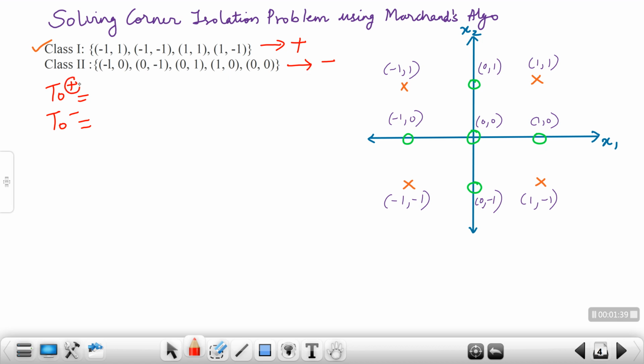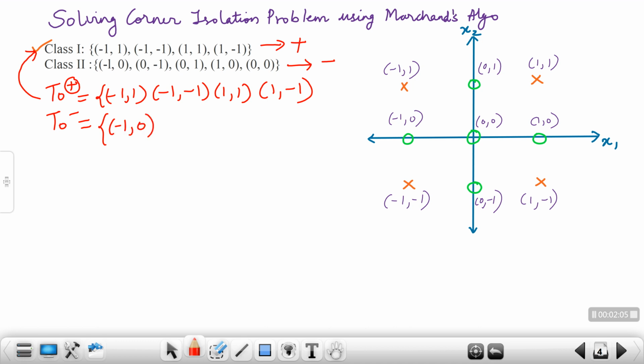So T0 plus is nothing but -1, -1, -1, 1, 1, 1, and 1, -1. And what is T0 minus? T0 minus is all the patterns belonging to class 2 in the beginning: -1, 0, 0, -1, 0, 1, 1, 0, 0, 0. So this is T0 plus and T0 minus.